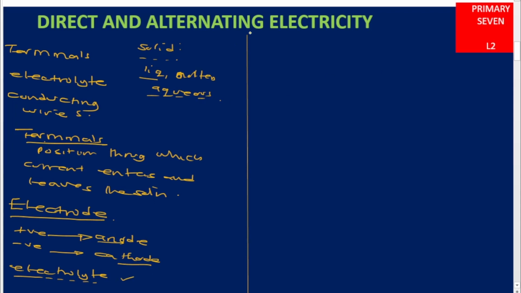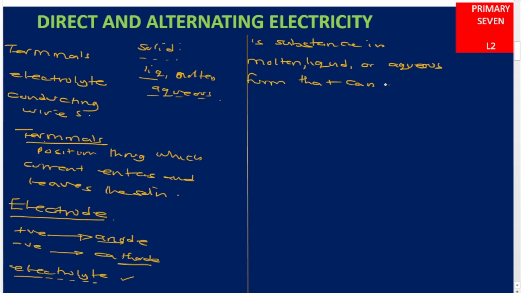Okay, let me write here the definition. I think we are still together. This is revisionug.com. New teacher today is teacher Hakim. Okay, now I will say that an electrolyte is a substance in molten, liquid, or aqueous form, a form that can allow electric current to pass through it.